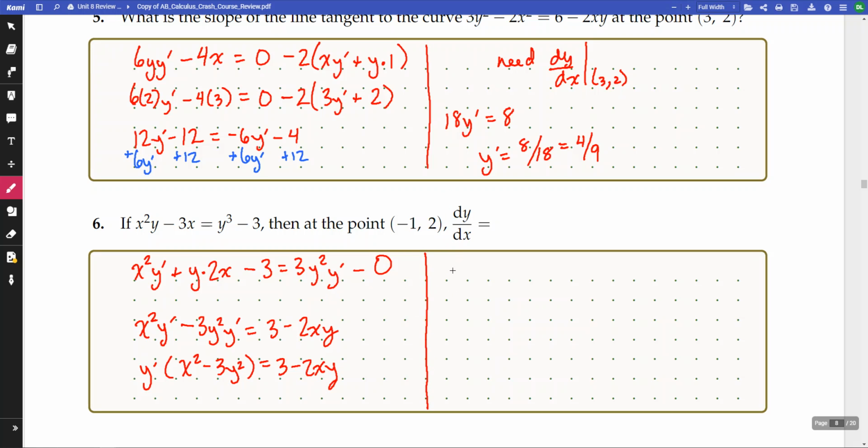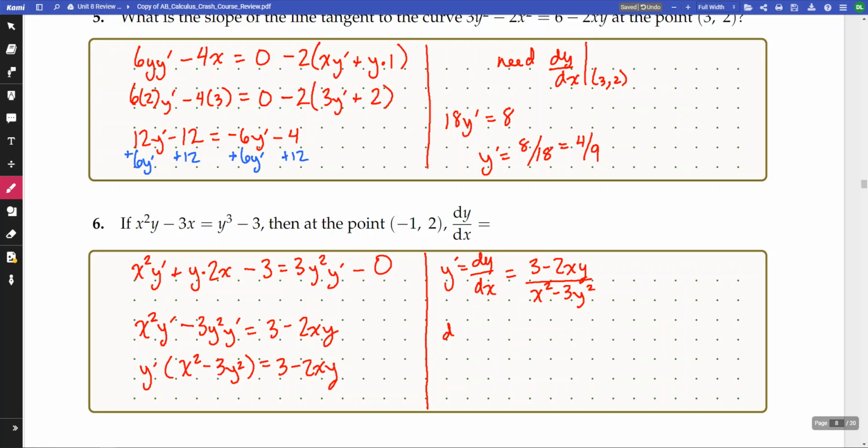Continuing with my work, that means that y prime, which is dy/dx, is given by 3 minus 2xy all over x squared minus 3y squared.